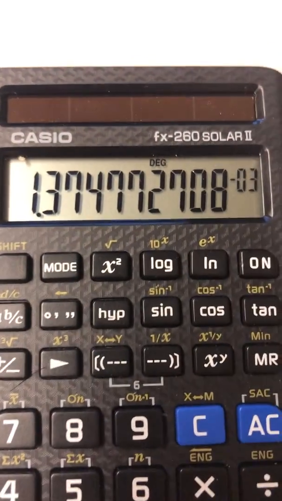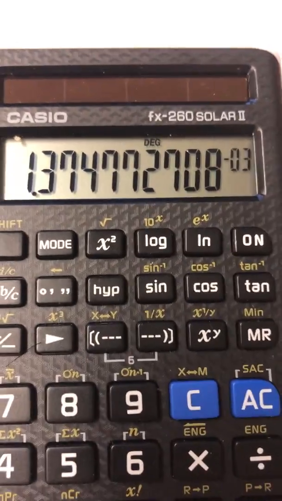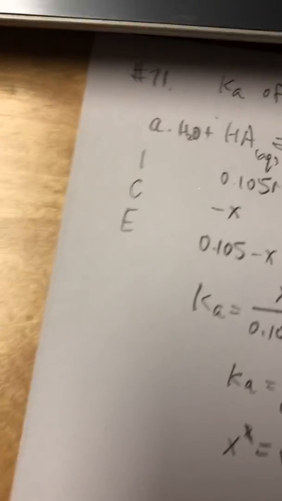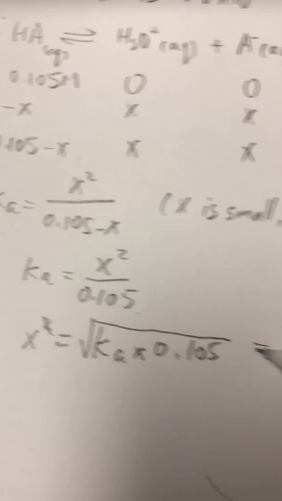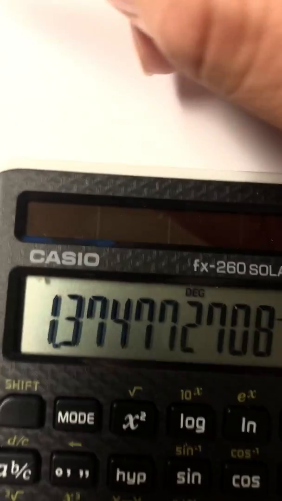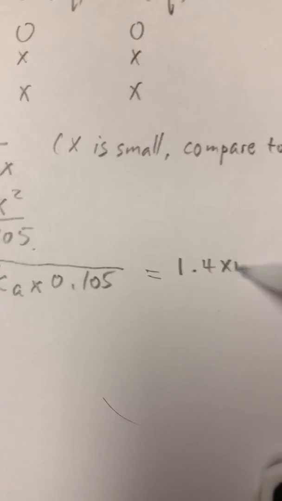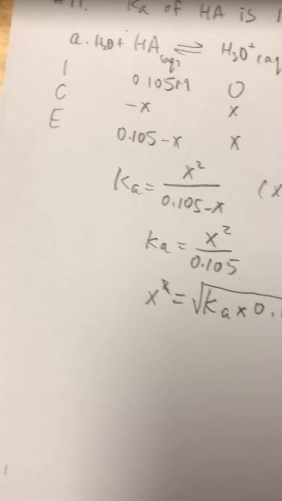You get 1.37 something multiplied by 10 to the negative third power. Since the Ka only has two significant figures, let's keep two significant figures in the answer, which turns out to be 1.4 times 10 to the negative third power. So that would be the equilibrium concentration of hydronium.